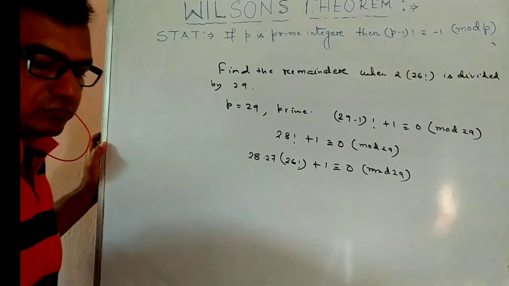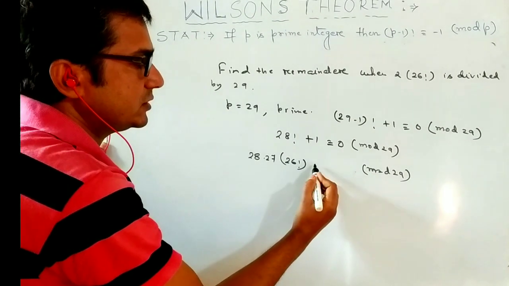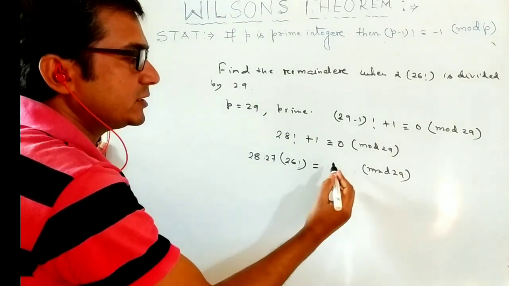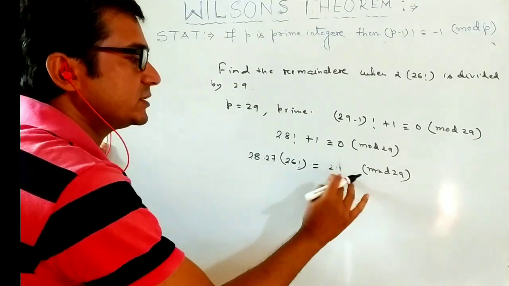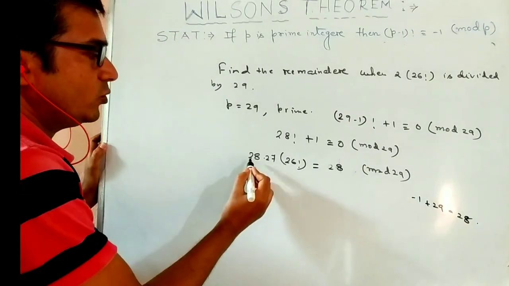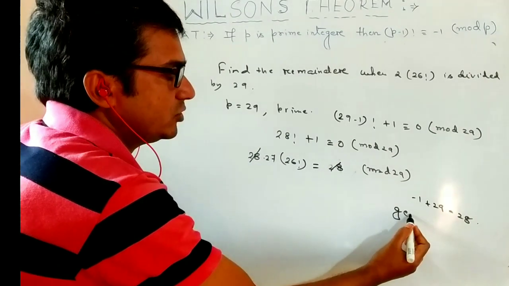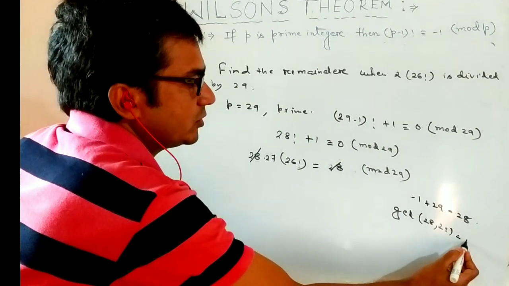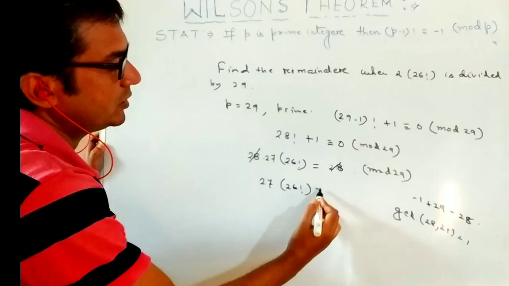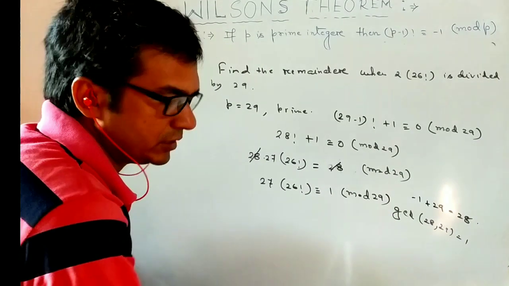Now we write 28 as -1, because -1 + 29 = 28, and we cancel 28 from both sides because GCD(28, 29) = 1. That is 27 into 26! ≡ 1 mod 29.